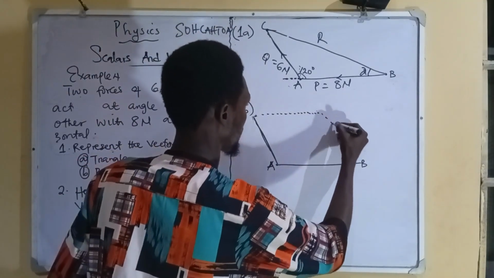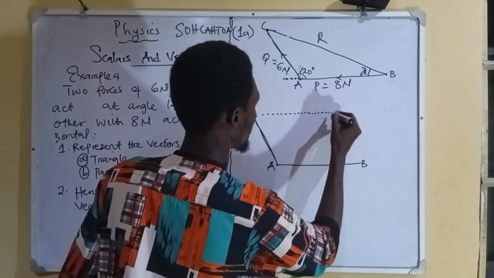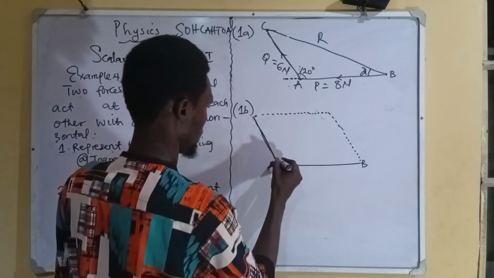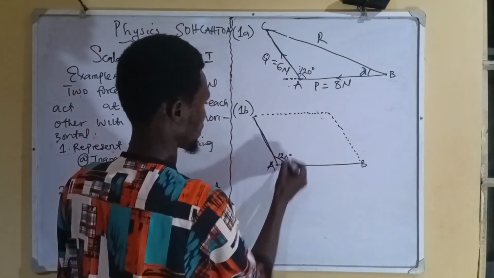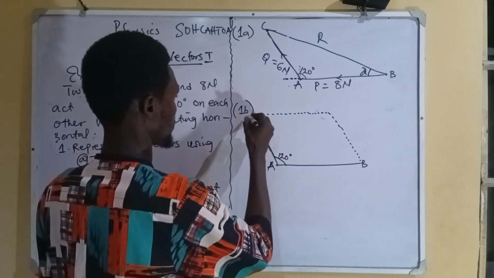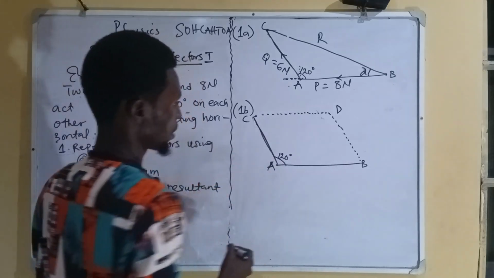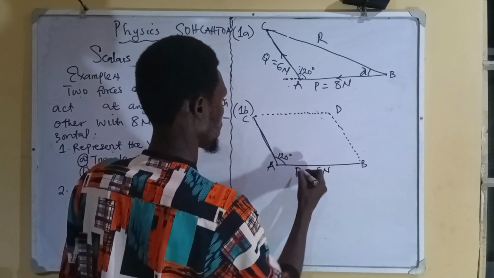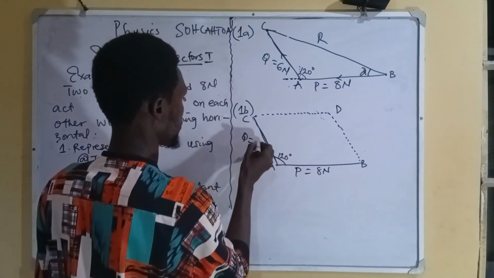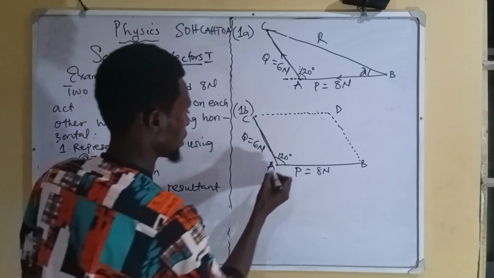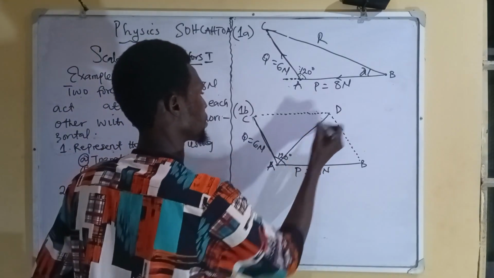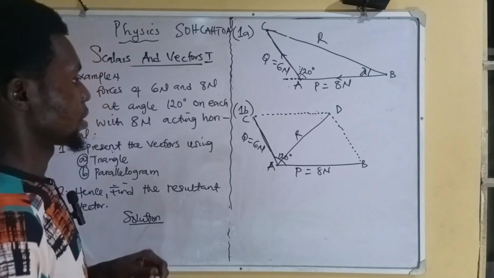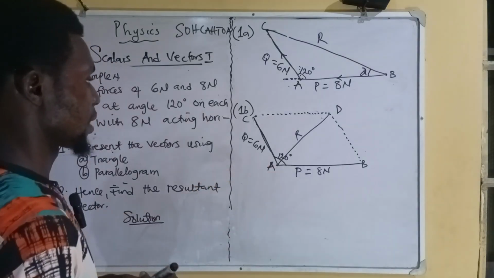This is 120 degrees, and this is C, and this is D, and this is your P equals 8 Newton, and your Q equals 6 Newton, and then the diagonal would be the resultant.